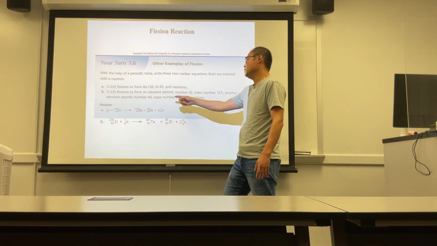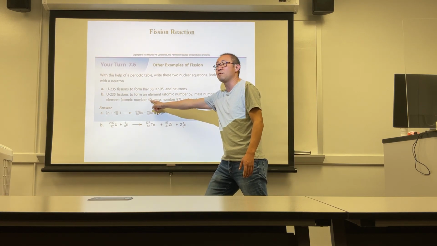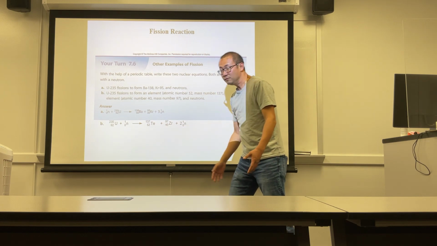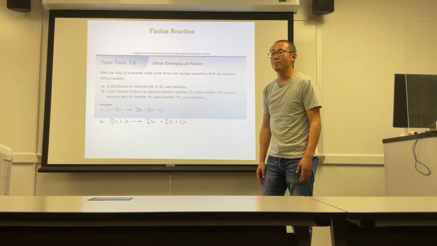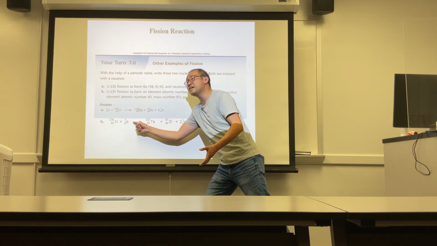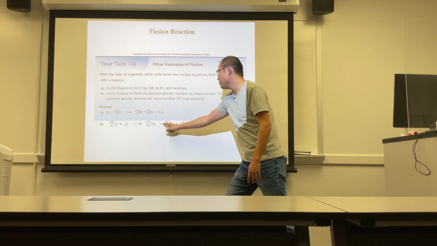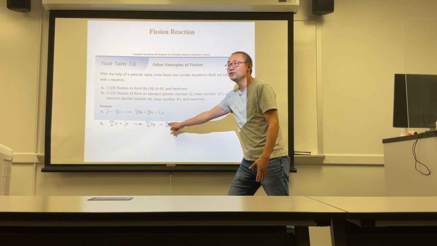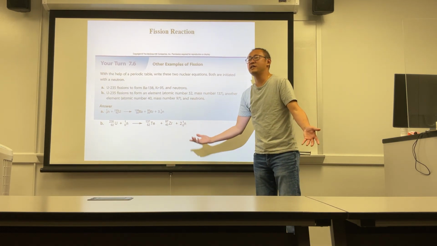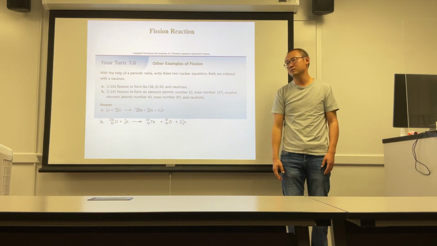What is atomic number 40? Zirconium. You have to put the symbol as well. And then you have to do the math again. 236 on the left, 137 plus 97 is what? 234. That means you are 2 mass numbers short. So this time you only generate 2 neutrons.